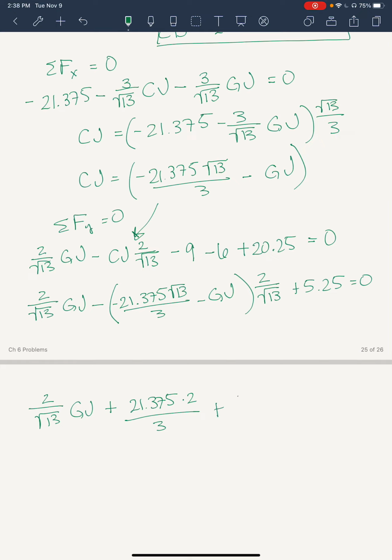And then plus 2 over the square root of 13 GJ plus 5.25 equals 0. And we end up getting, this is 4 over the square root of 13 GJ equals negative, I'm going to go and multiply those out.